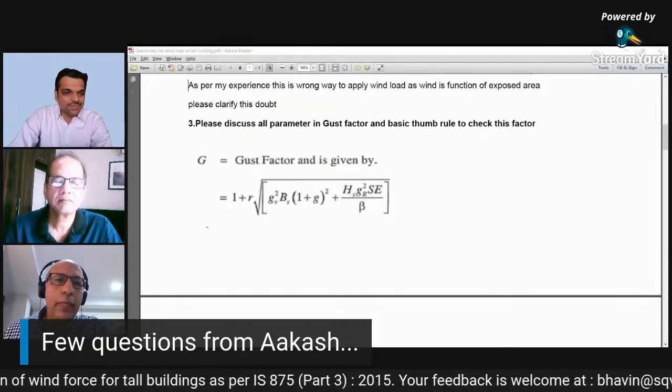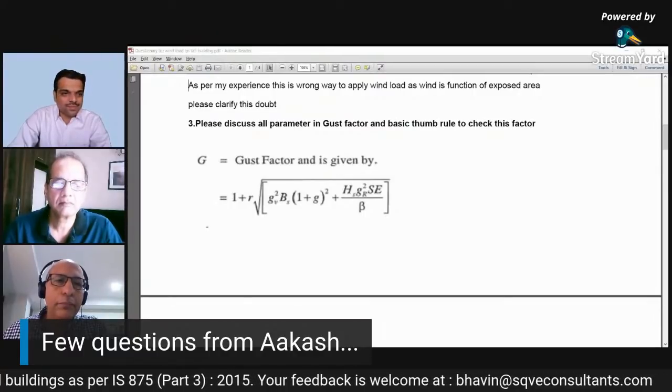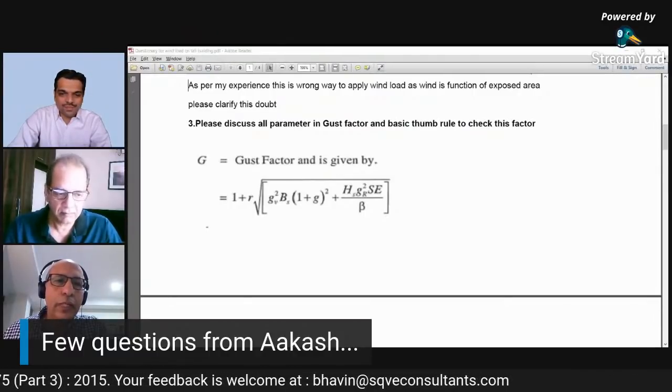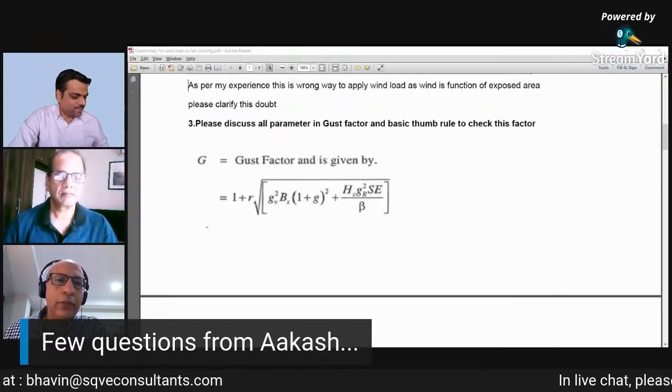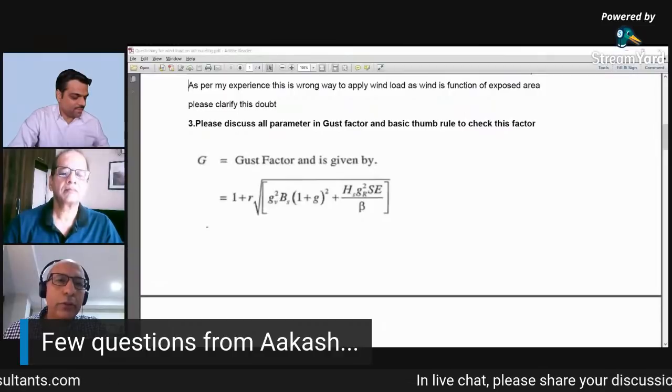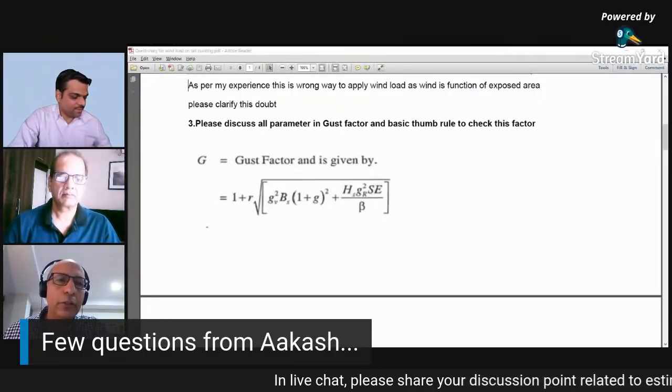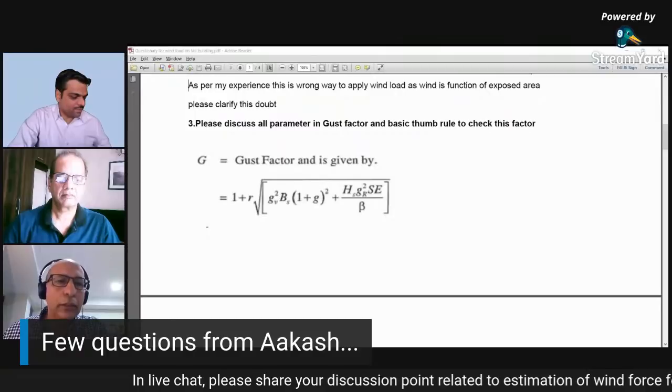So we're adding them as a vector sum. To add the background and the resonant, they must be added as a vector sum. So you take the sum of the squares and take the square root, and that becomes the total of the background and the resonant.